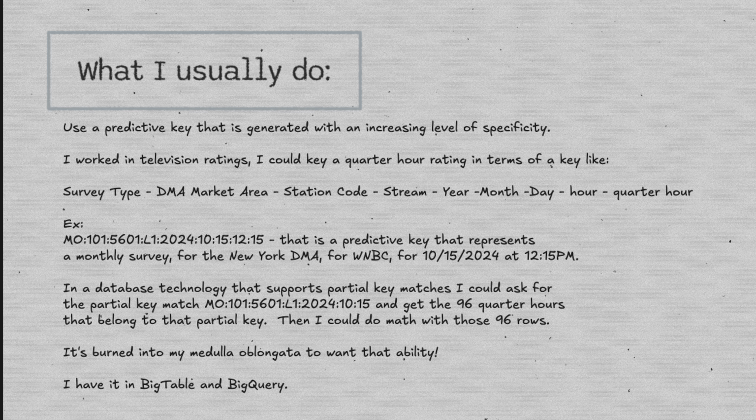So, in a database technology that supports a partial key match, I could just ask for monthly 101, 5601, L1, 2024, 10:15, and get the 96 quarter hours that belong to that day. And then I could do math on those 96 rows without having to write any kind of SQL string.